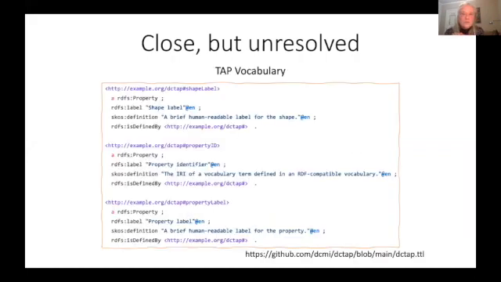We also have not quite resolved how to define the TAP as a vocabulary. We've created a file that gives a very simple RDF definition for the vocabulary. What is holding us back still is that we're waiting to discover what namespace we want to put this under. Dublin Core has its own namespaces.